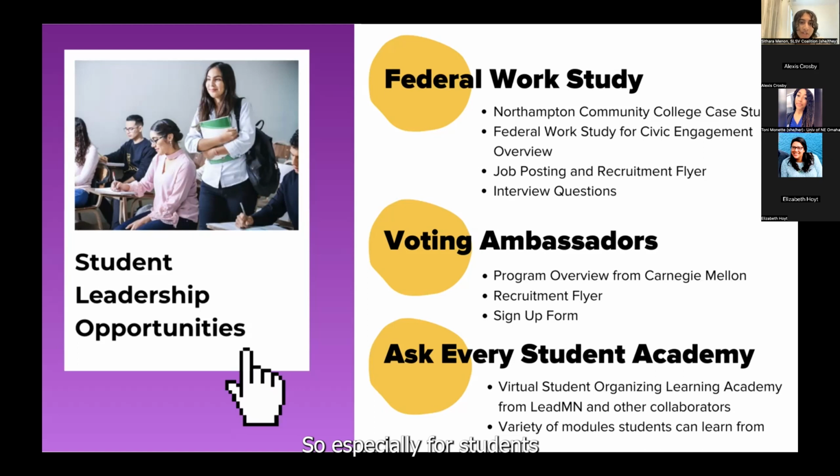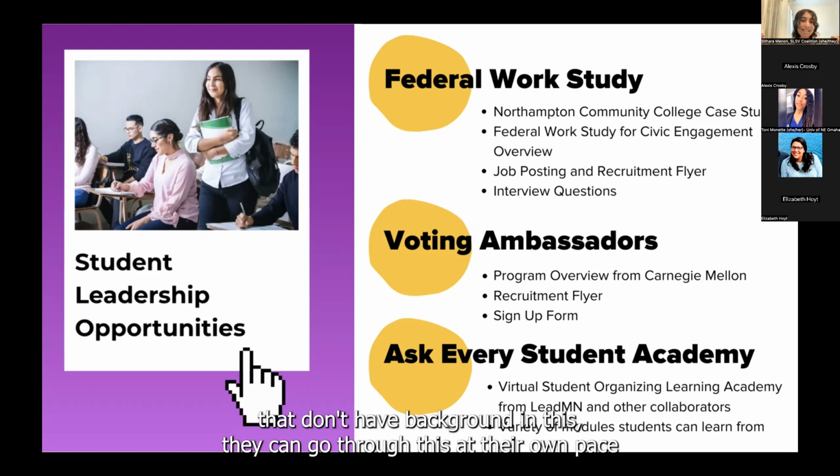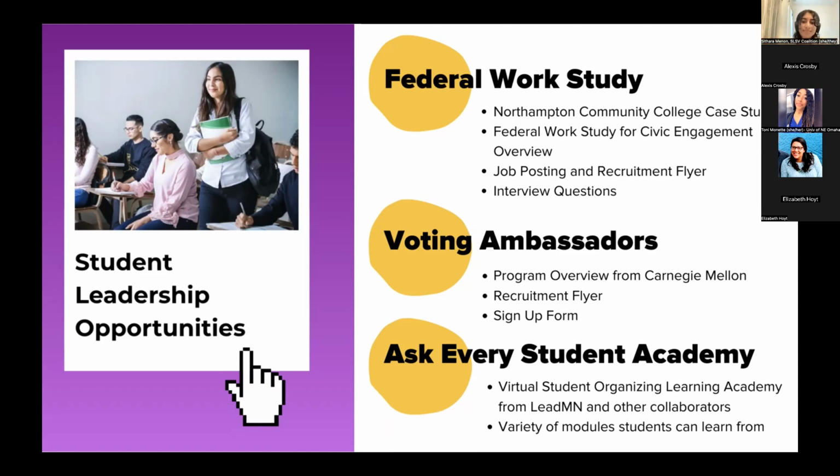So especially for students that don't have background in this, they can go through this at their own pace and get a really good background on voting and voter engagement and basically voting 101 on your campus.